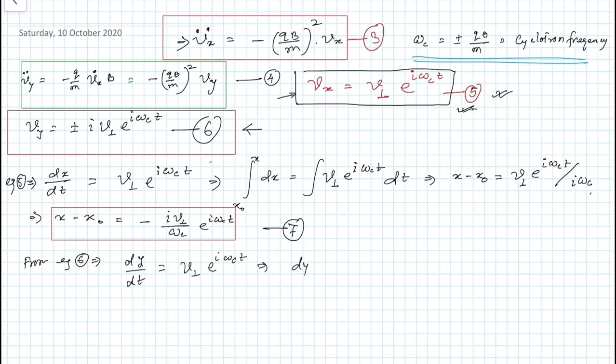That implies dy equals v perpendicular e to the power i omega c t into dt. Okay, that's what we have got.